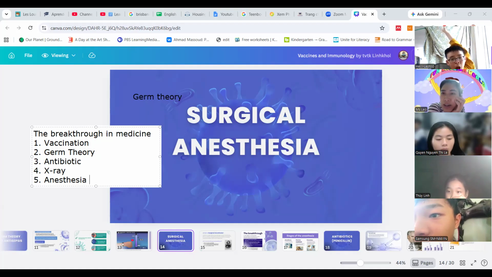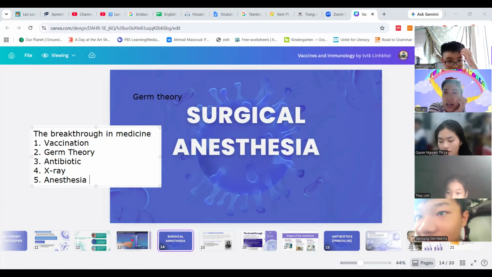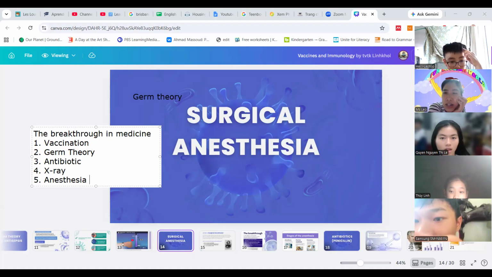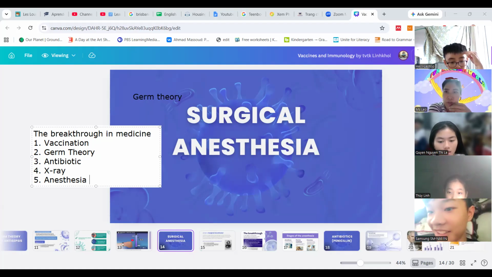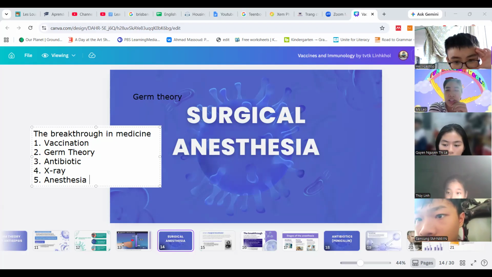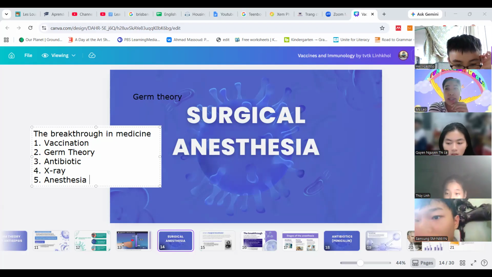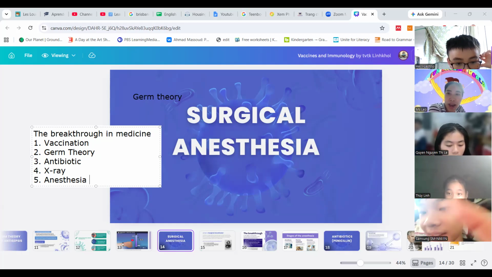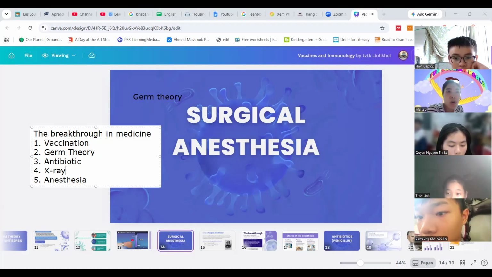From the back, down to our legs. They inject directly into your spine from the back, yes, and then it's going to start to move down to the lower part of the body. Okay, one more.